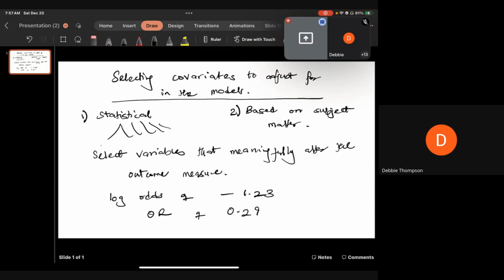So this is a very strong effect, but this is unadjusted. When you start adjusting, remember that when we did this last week, we adjusted for gender, age, and number of children. By the time we did that, the log odds after adjusting was only minus 0.